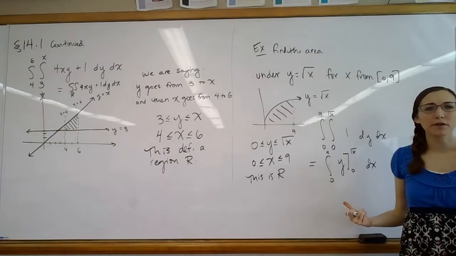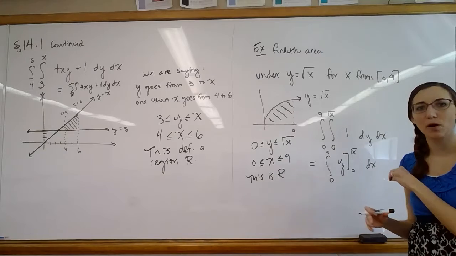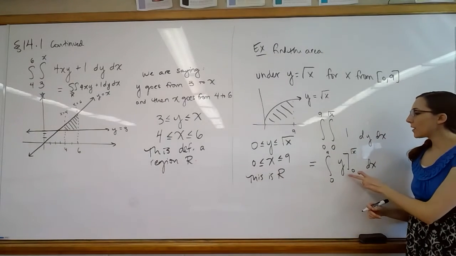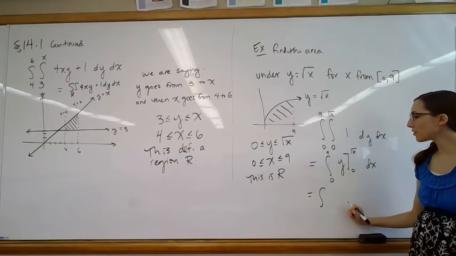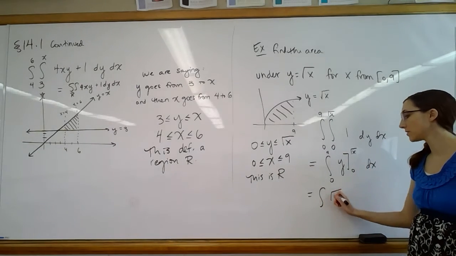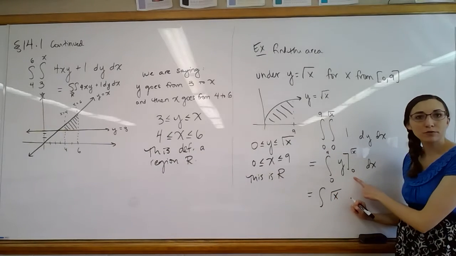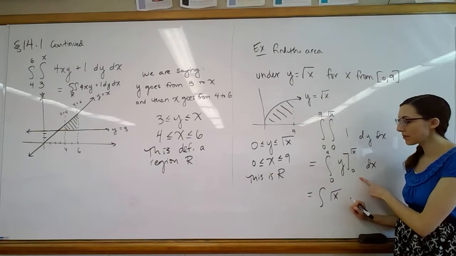So this gives you a little bit of an idea of how to write these double integrals, just a smaller example. When I then evaluate that integral, notice I'm going to plug in the square root of x into y, which just turns into the square root of x. And then I subtract off plugging in the lower bound, which in this case is just minus 0, which goes away.